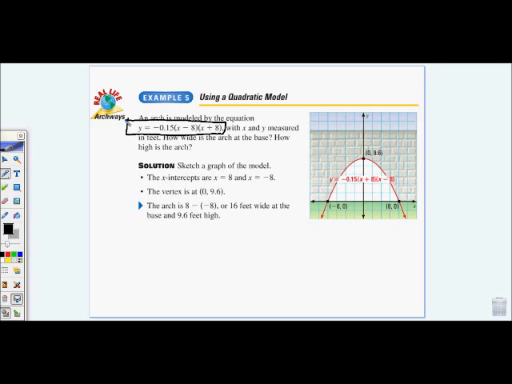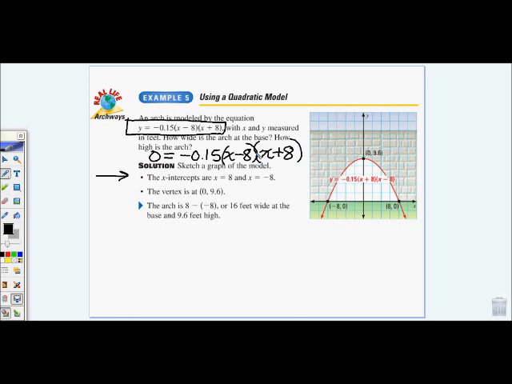So you're going to do the same as you did on the last screen. First of all, you're going to solve for the two x's, okay? To solve for the x's, you're going to set this to 0 equals negative 0.15 times x minus 8 times x plus 8.